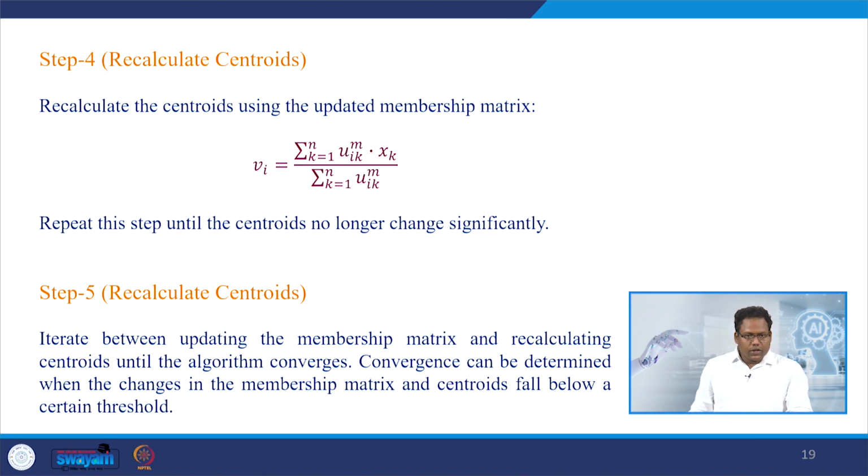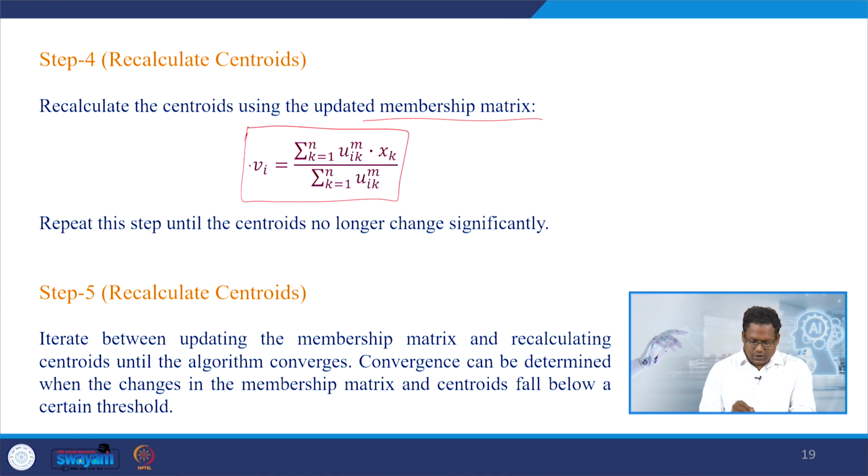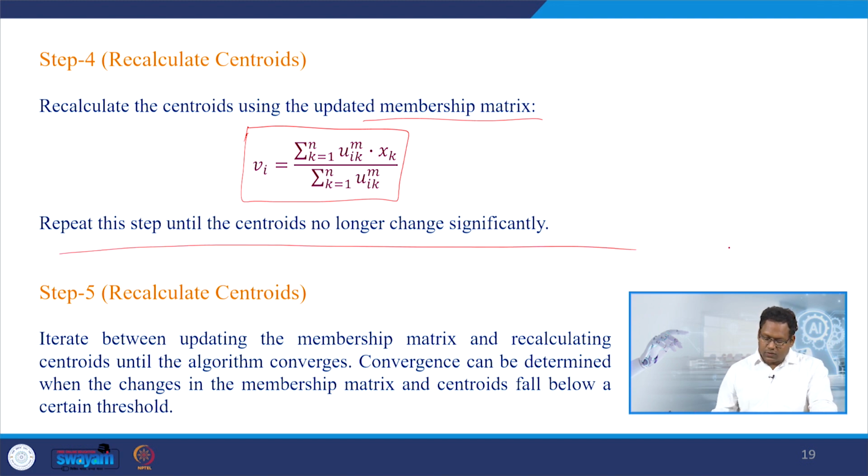Now, step 4 goes for recalculating the centroids using the updated membership matrix that is given by Vi equal to summation k equal to 1 to n u_ik^m multiplied by x_k upon summation k equal to 1 to n u_ik^m. Repeat this step until the centroids do not have significant change, that means the change in centroid is less than a very minimum tolerance value.